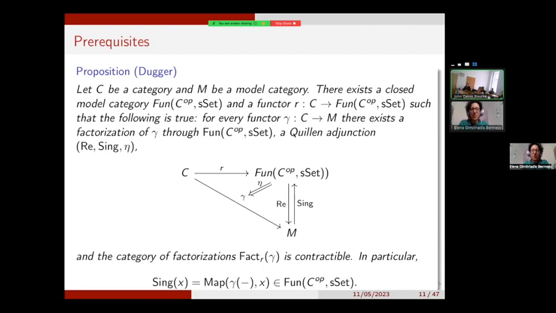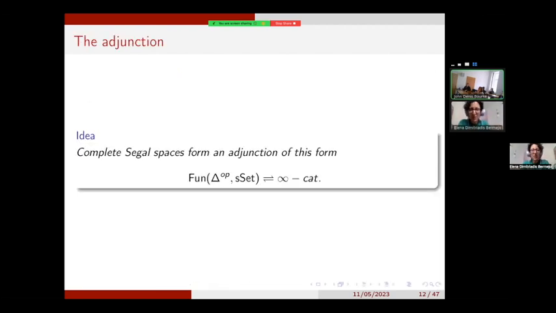So the next step is to see what complete Segal spaces are and how we can link them to DG categories. So complete Segal spaces form an adjunction of this form. They're simplicial spaces, so contravariant functors from delta to simplicial sets.